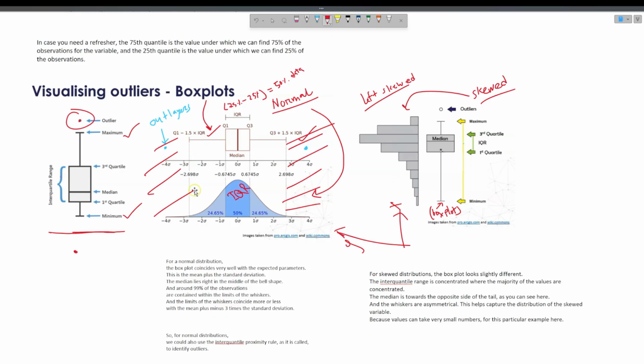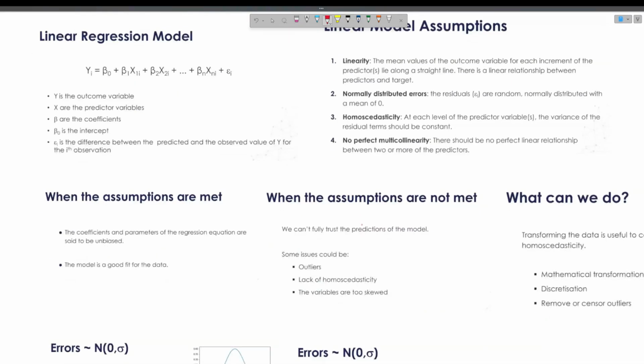In the box plot, the majority of the values remain in this portion. So this is the maximum, minimum, and so on, and again the outlier should be outside of that. We will learn later on how we can use these concepts.